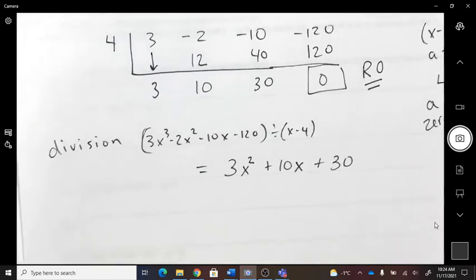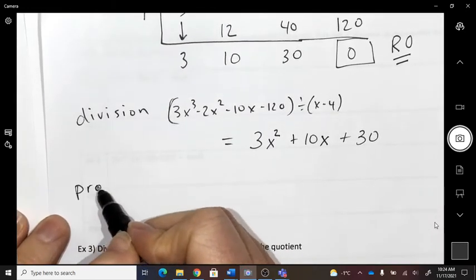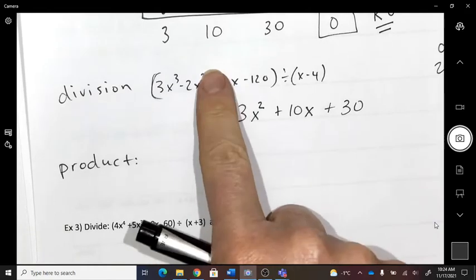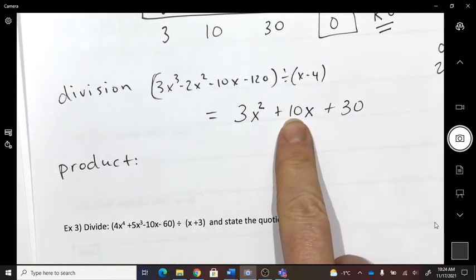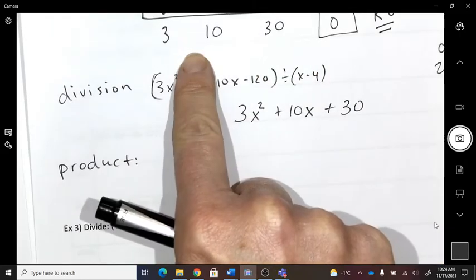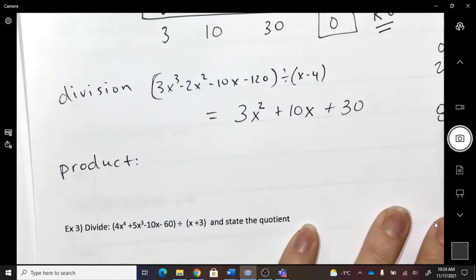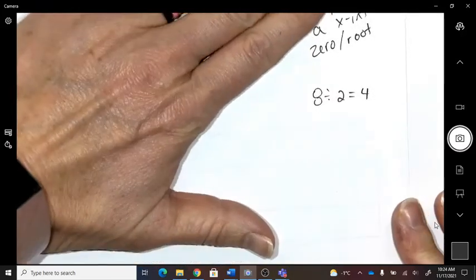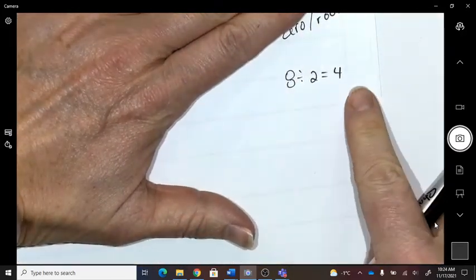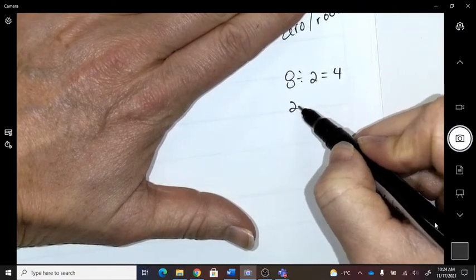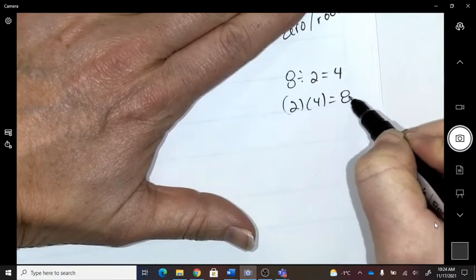Okay, I also might ask you to do something that's called a product. So a product, if this divided by this equals this, does this times this equal that? Does that make sense? 8 divided by 4 is 2. That is me writing a division. How would I change it to a multiplication? 2 times 4 equals 8.